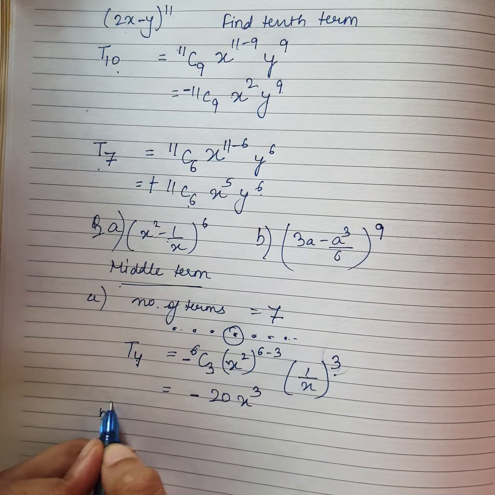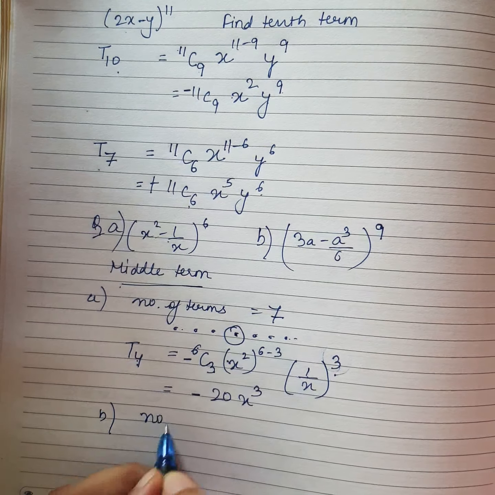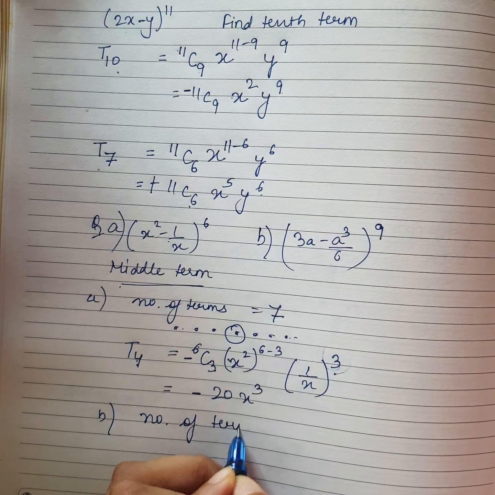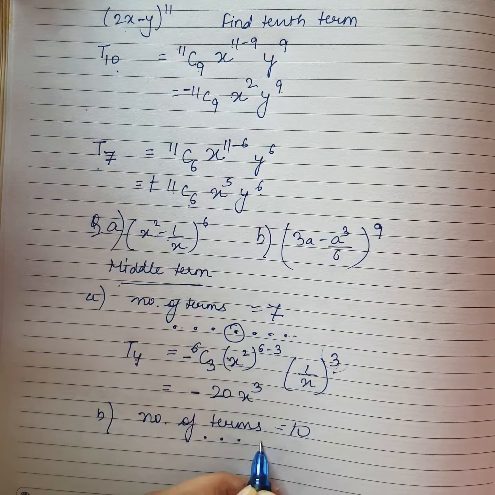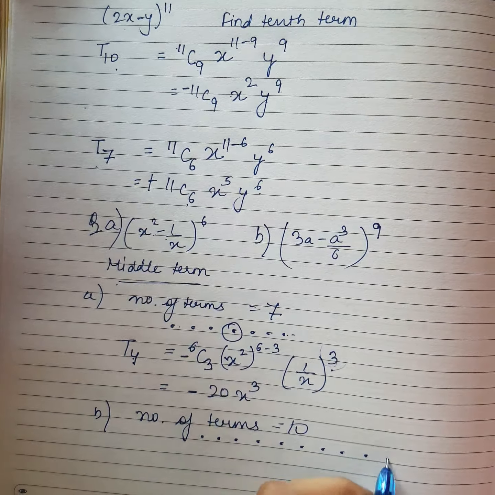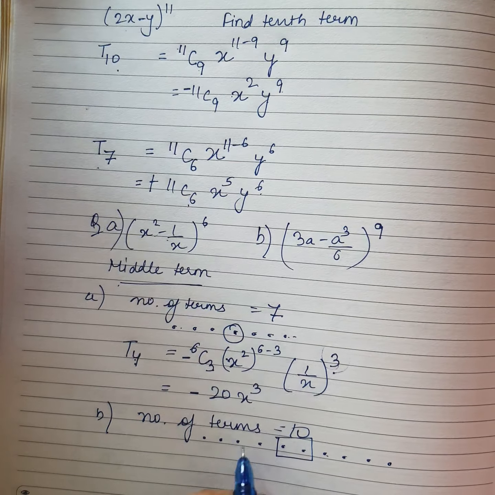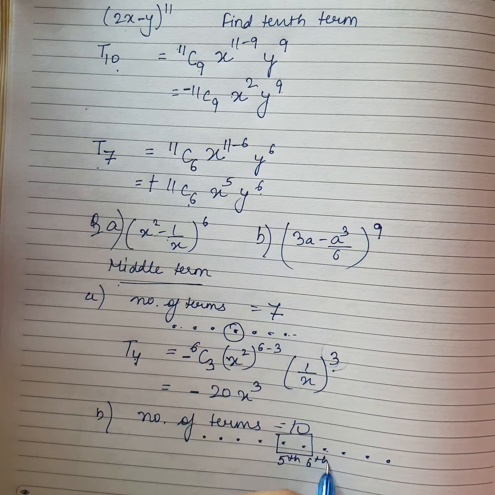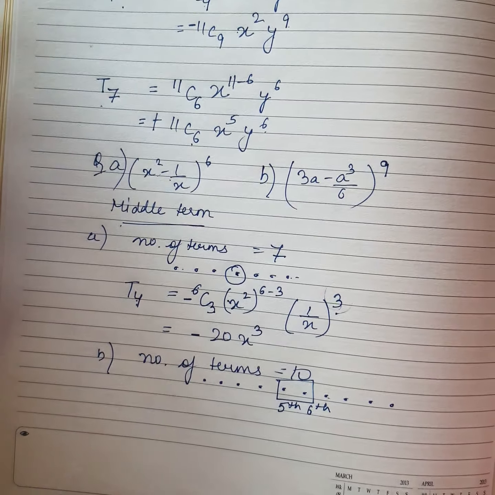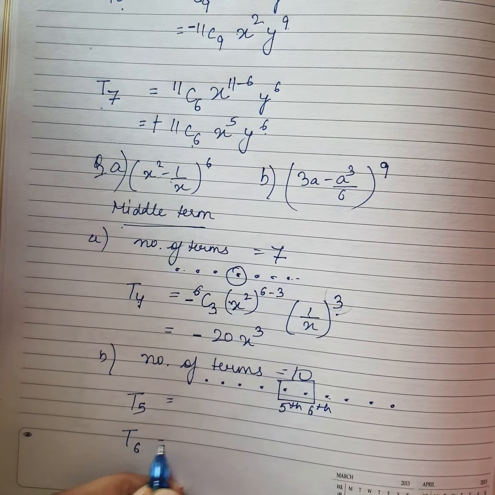Now let us try the second part. The number of terms will be 10. Now when we have 10 terms, 1, 2, 3, 4, 5, 6, 7, 8, 9, 10, the middle terms are these two. 4 here, 4 here. So that means the 5th and 6th terms are the middle terms. So we will find both of them, t5 and t6, separately.